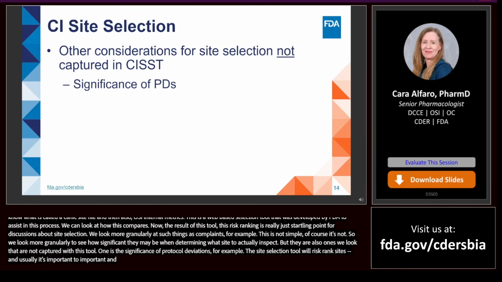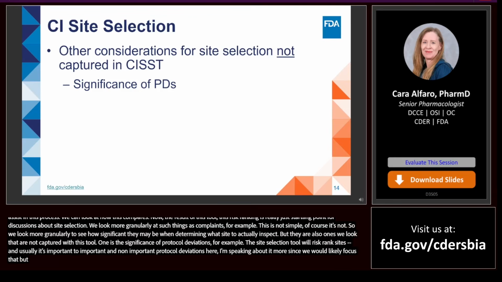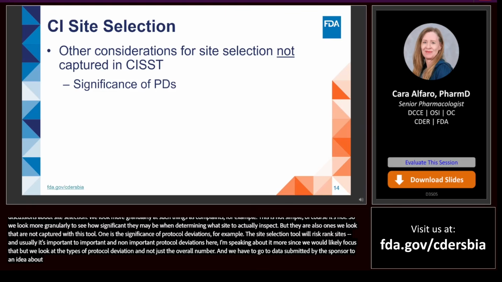Here I'm speaking more about the important protocol deviations since we would likely focus on that. But we look at the types of protocol deviations, not just the overall number. We have to go into the data line listings that are submitted by the sponsor to get an idea about the description of the protocol deviation and how significant it might be. So that's more of a granular level, not just looking at the number.